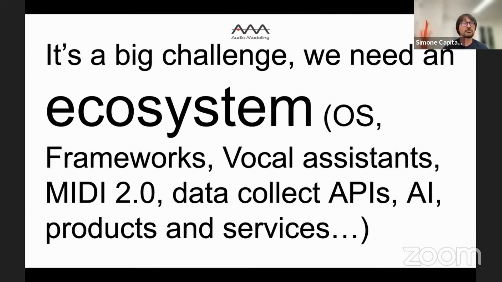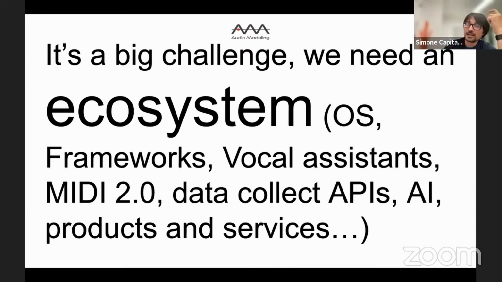Vocal systems like Siri, Amazon Alexa, Google vocal assistant can help here, we go with Alexa in my room. MIDI 2.0 as well can provide new tools for this kind of ecosystem.